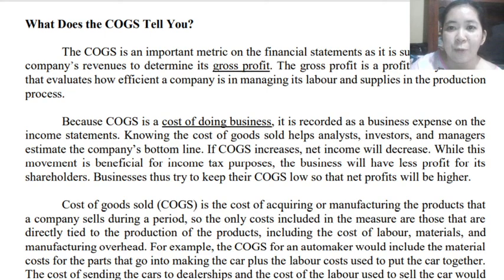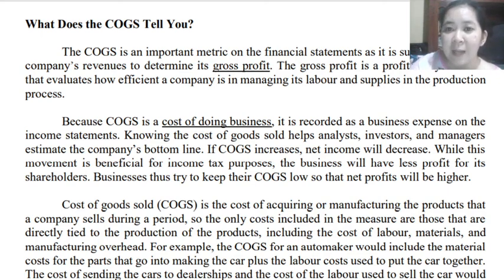Okay, so if the management would want to pay lower taxes, they will tend to make their cost of goods sold higher to reflect their income to become lower, because the lower the income, the lower the taxes.